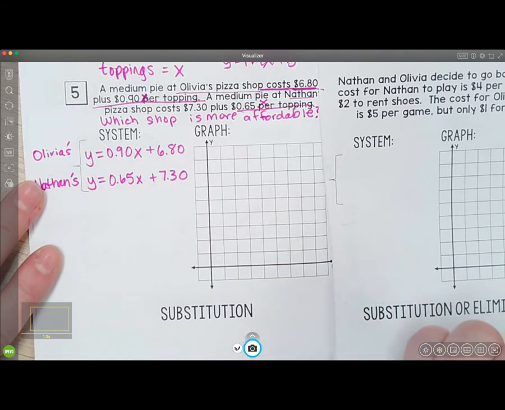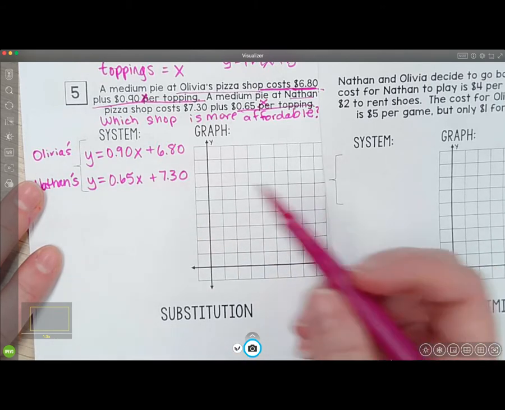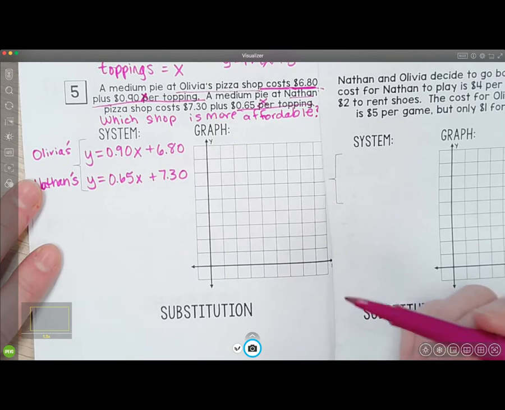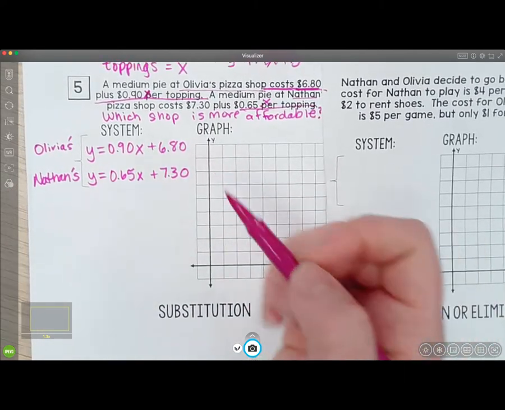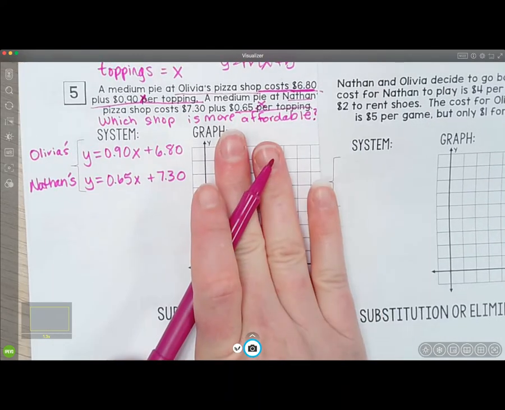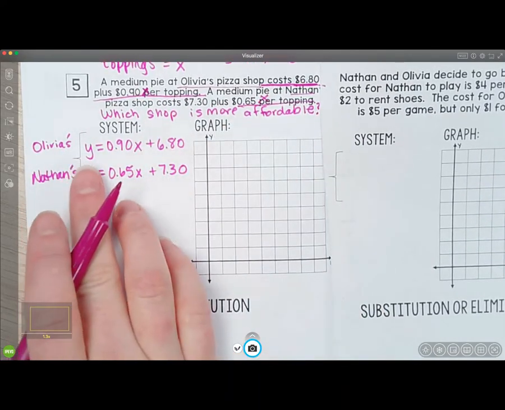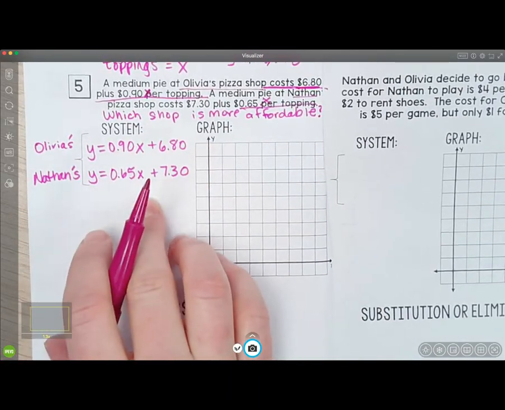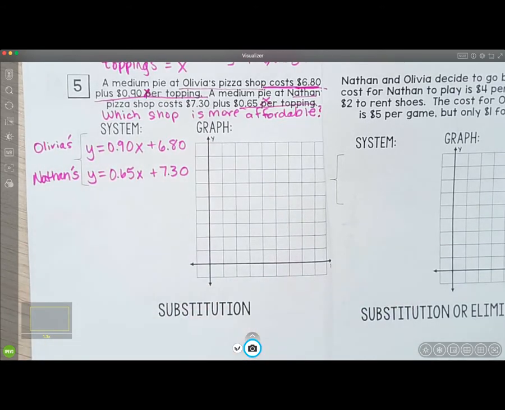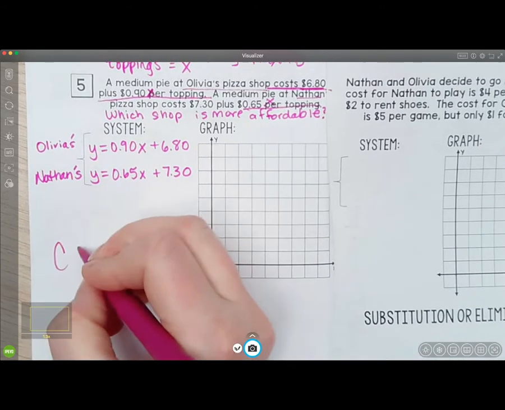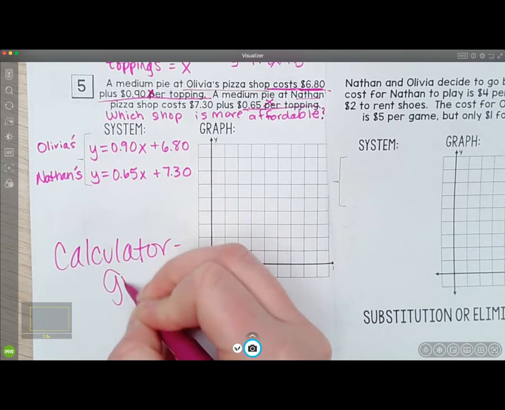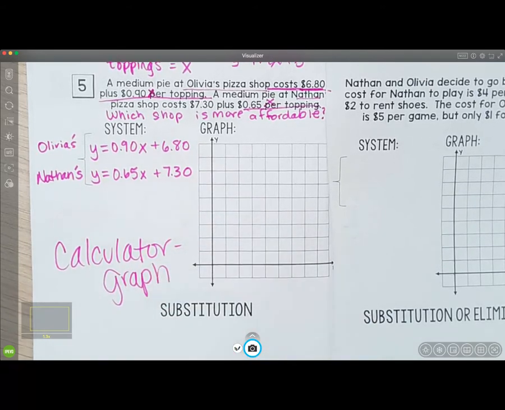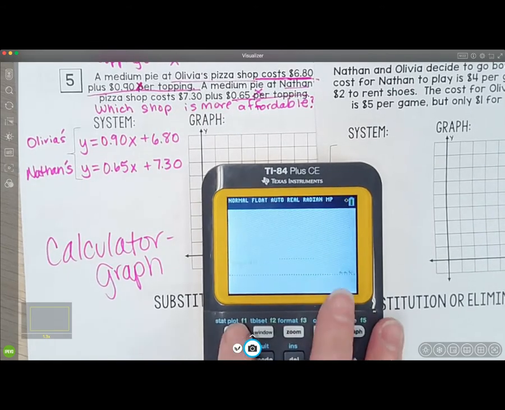We're going to graph this to find our solution because they're both written in Y equals. We're not going to graph it on here because we have these decimals going on. Let's just focus on using the calculator this time. Okay. So let's go to Y equals.